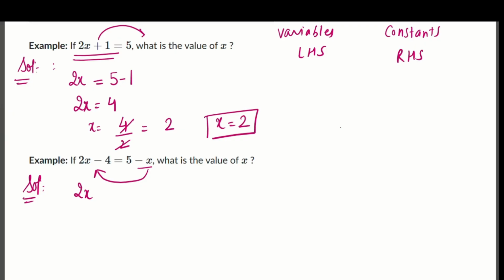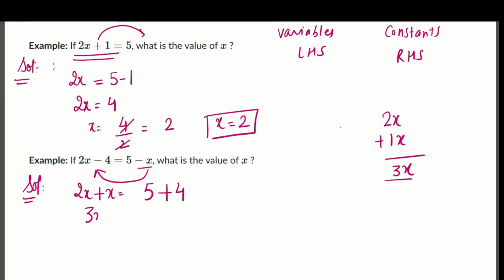When we shift numbers or variables from left to right or right to left, the sign changes. So 2x plus x is equal to 5. When we shift minus 4 to the right hand side, it becomes plus 4. So 2x plus x, that is 3x.